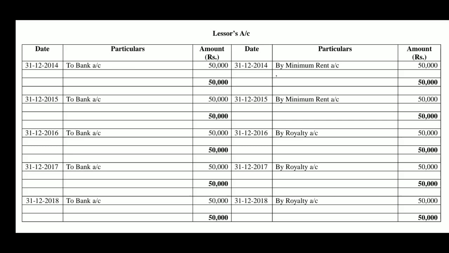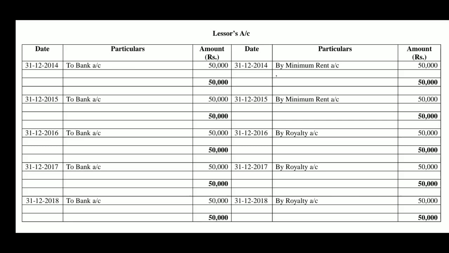Now, when payment is made, as already said, either minimum rent or royalty, whichever is more, is payable. Here minimum rent is more than the royalty in the first year, so 50,000 minimum rent is payable. When payment is made, lessor's account attached to bank account 50,000. In the second year 2015, again minimum rent is due by minimum rent account 50,000. When payment is made to bank account, lessor's account attached to bank account 50,000.